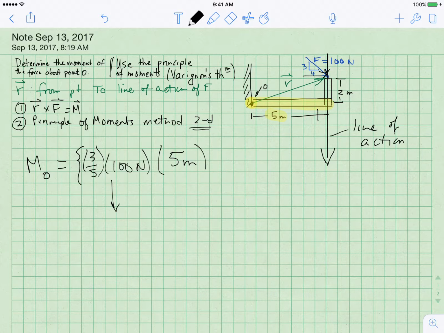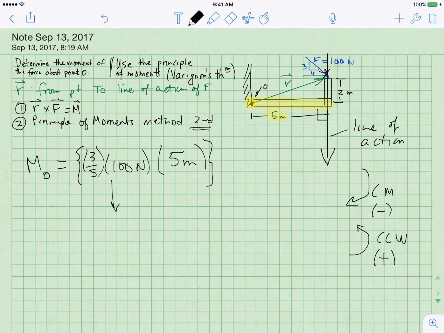Because that's the perpendicular distance, and moments are equal to the perpendicular distance times the force at its simplest level. Now, having said that, we have to think about the sign of this. We have to think about whether it's causing motion that is clockwise, which is defined as being negative, or motion that is counterclockwise, which is defined as being positive.